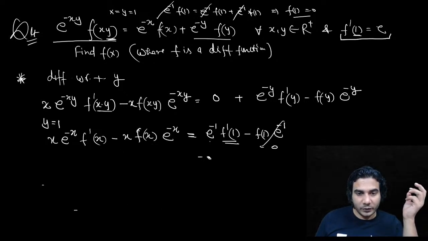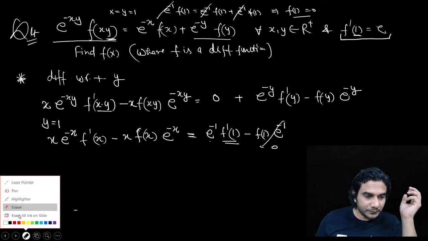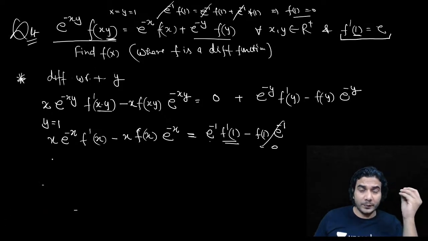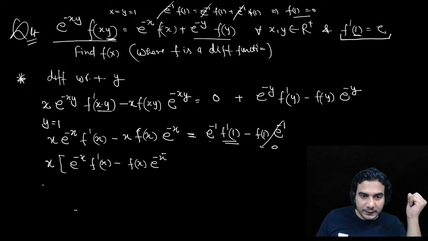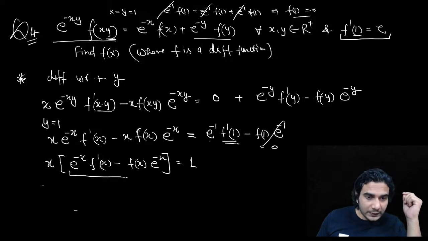At this step, what were we supposed to do? Somebody who has not done differential equations, how would he solve this equation? He can take x common and write e raised to minus x f dash x minus f x e raised to minus x. So that person can figure out that this is nothing but the exact derivative of f x into e raised to minus x.